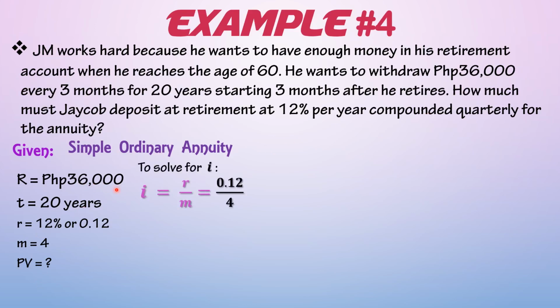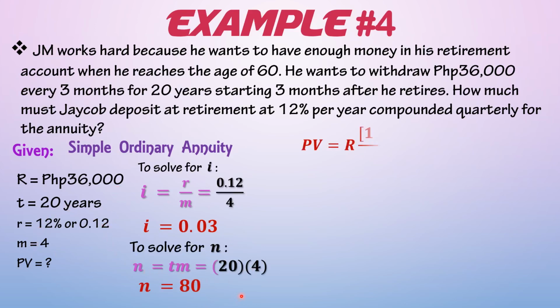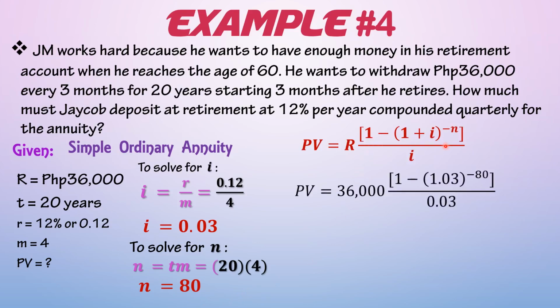So solving for i, you have 0.12 divided by 4, again, exact value of 0.03. And for n, you have time is 20 years times 4, so you will have 80. Substitute to the formula for present value. So you will have 36,000 times 1 minus 1.03 raised to the negative 80, divided by 0.03.